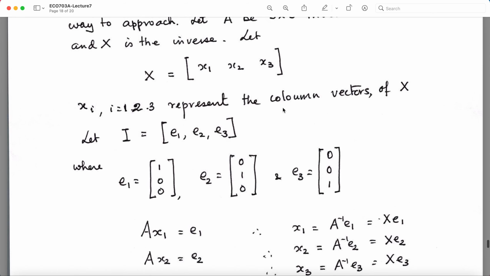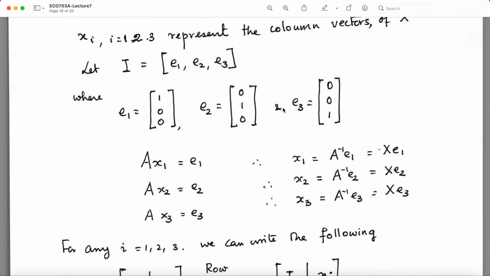So what is happening when I am writing AX equal to I? If this is the equation, then what does it mean? A x1 must be equal to E1, A x2 must be equal to E2, A x3 must be equal to E3. So x1 must be equal to, assuming that A is invertible, A inverse E1, which is X E1, x2 is A inverse E2, which is X E2, x3 is A inverse E3, which is X E3.